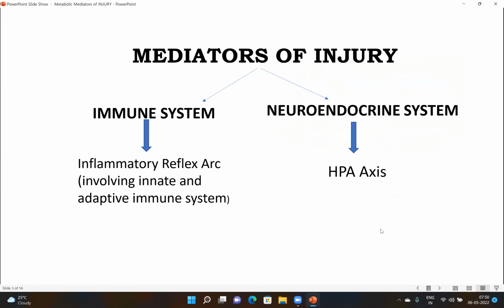Mediators of injury. There are two mediators: the immune system and the neuroendocrine system. The immune system acts via the inflammatory reflex arc involving the innate and adaptive immune system, and the neuroendocrine system acts via the hypothalamus, pituitary and adrenal axis.